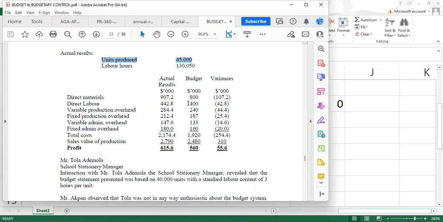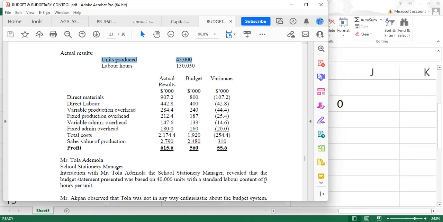Okay. And what was the actual hours used? 130,050. What was the hours that we budgeted for? 120,000. How do you get 120,000? 3 hours per unit multiplied by the level of activity budgeted, 40,000.